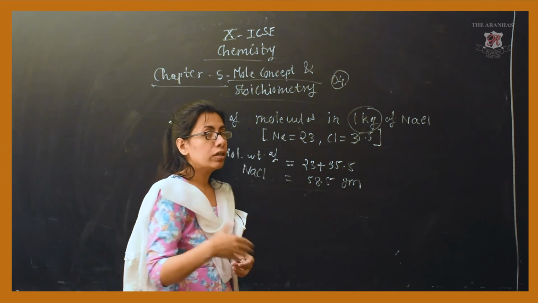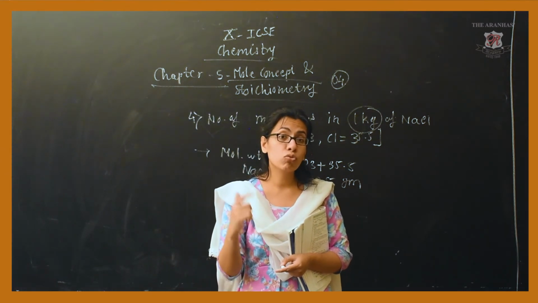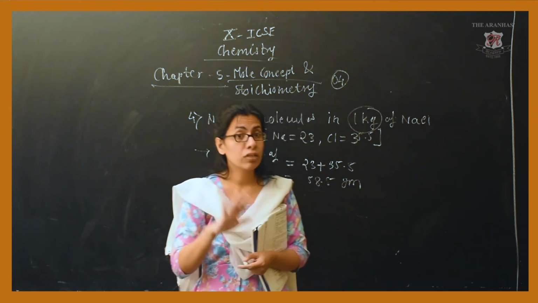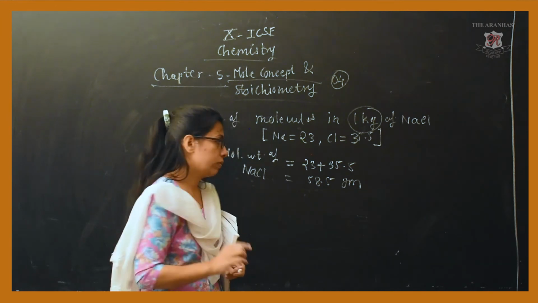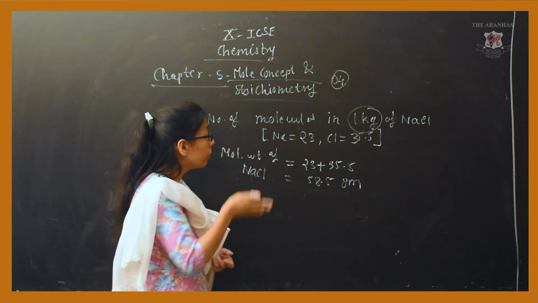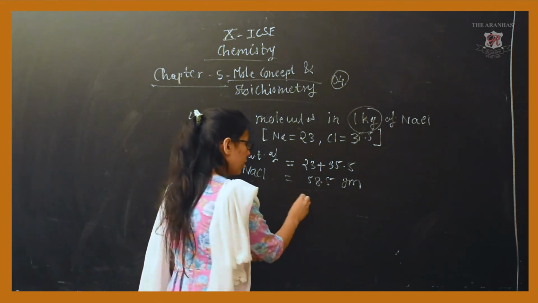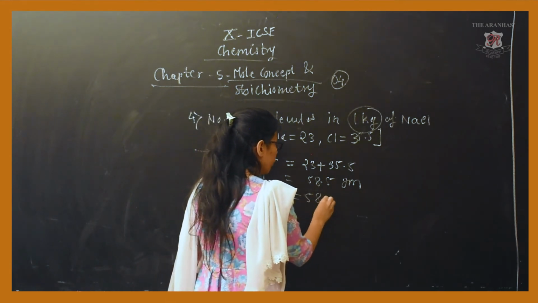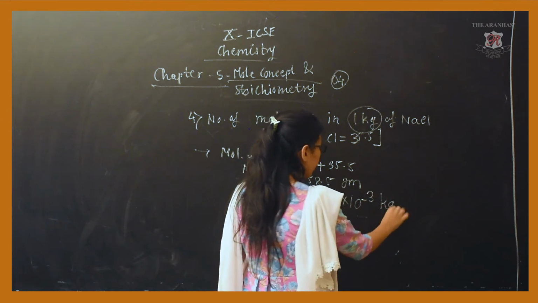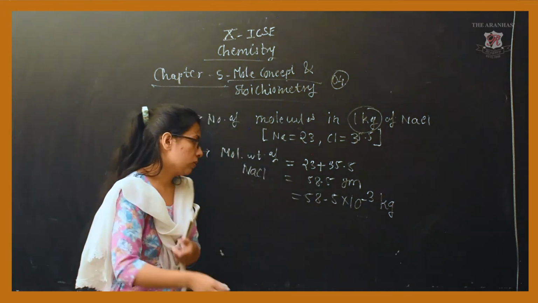When you want to convert grams into kilograms, just multiply it by 10 raised to minus 3, or you can also say divided by 10 raised to 3, that is 1000. So, what you are supposed to find out? Number of molecules present in 1 kg. So, I will write this is equal to 58.5 into 10 raised to minus 3 kg. So, both the weights are now in the same units.